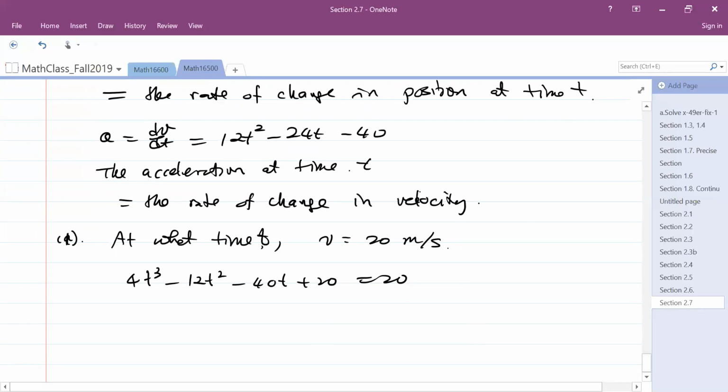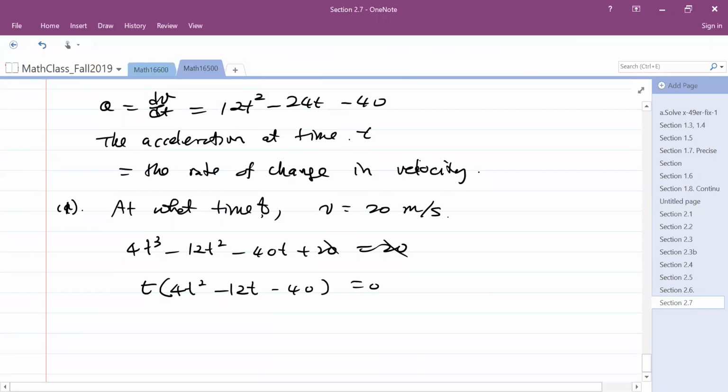We do have some formulas, but it's harder, and they are in special mathematical manuals. But if the velocity is 20 meters per second, then this 20 cancels out, and you get a quadratic equation: 4t squared minus 12t minus 40 equals 0.